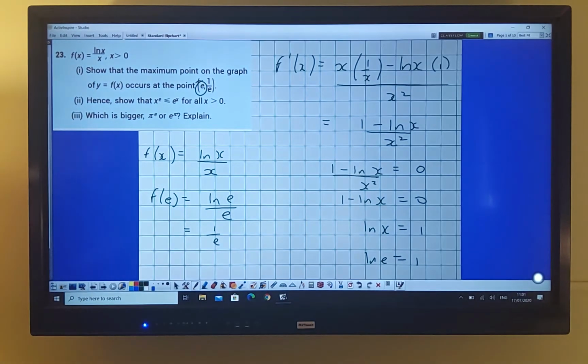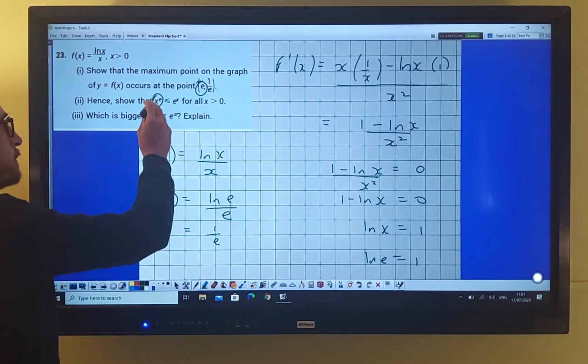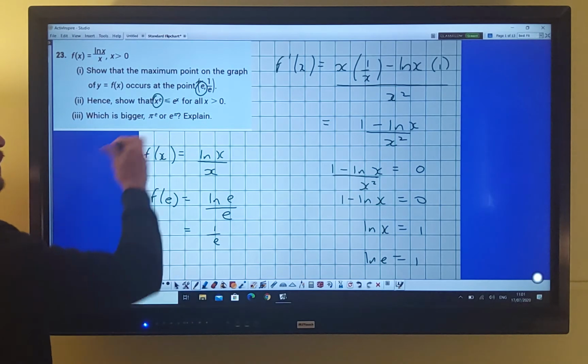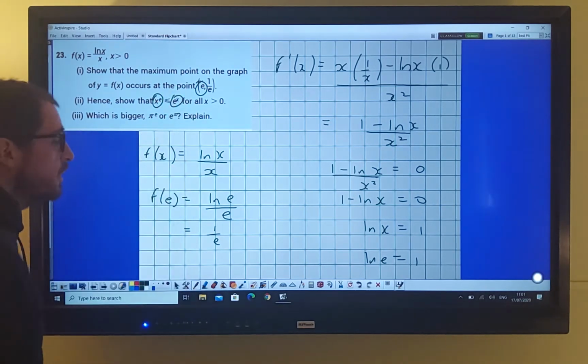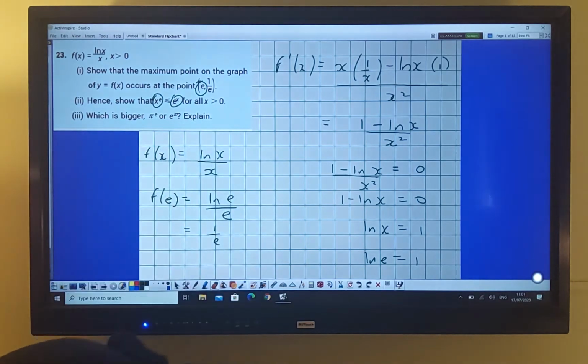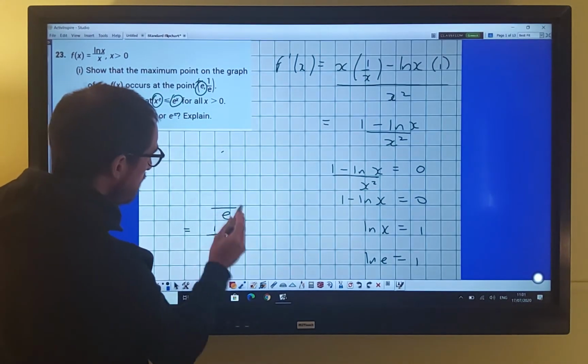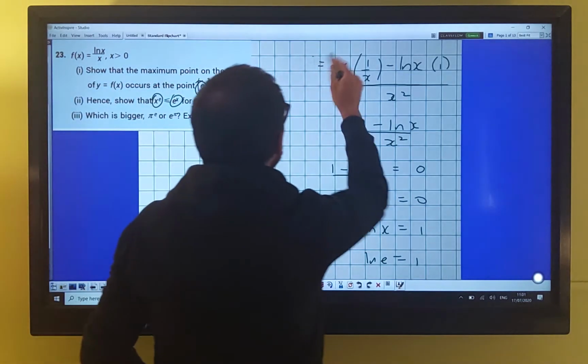Now it says here, hence show that x to the power of e is less than or equal to e to the power of x. That's the second part of this question. And the way I'm going to do this is as follows. This is why it's quite advanced.